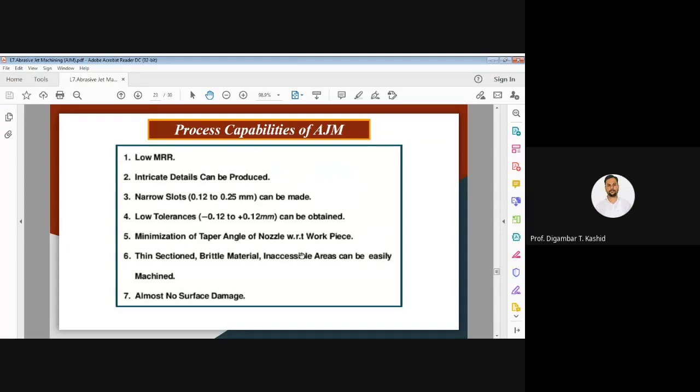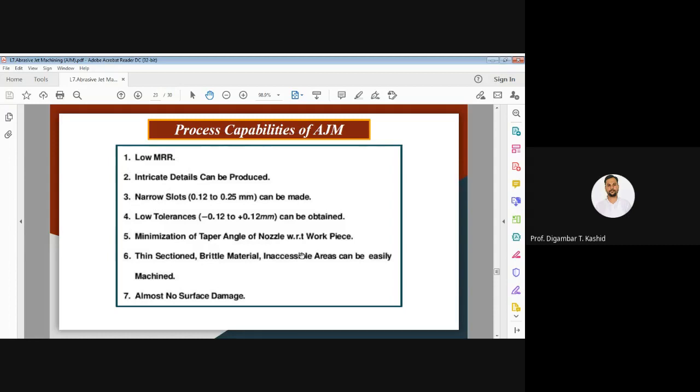Firstly, the material removal rate using abrasive jet machining is very low as compared to other advanced machining processes. But the plus point is that you can machine intricate details which you want on your workpiece.